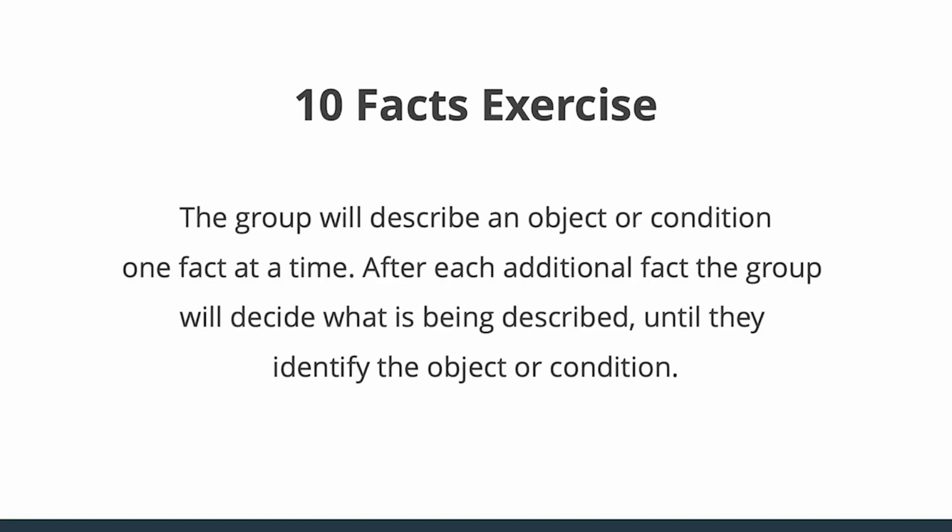As a group, we're going to look at a described object or condition one fact at a time. On the screen, they'll pop up one word at a time, and based just on the information you're given, will you be able to identify what it is describing? After each additional fact, you'll decide what is being described until you identify the object.